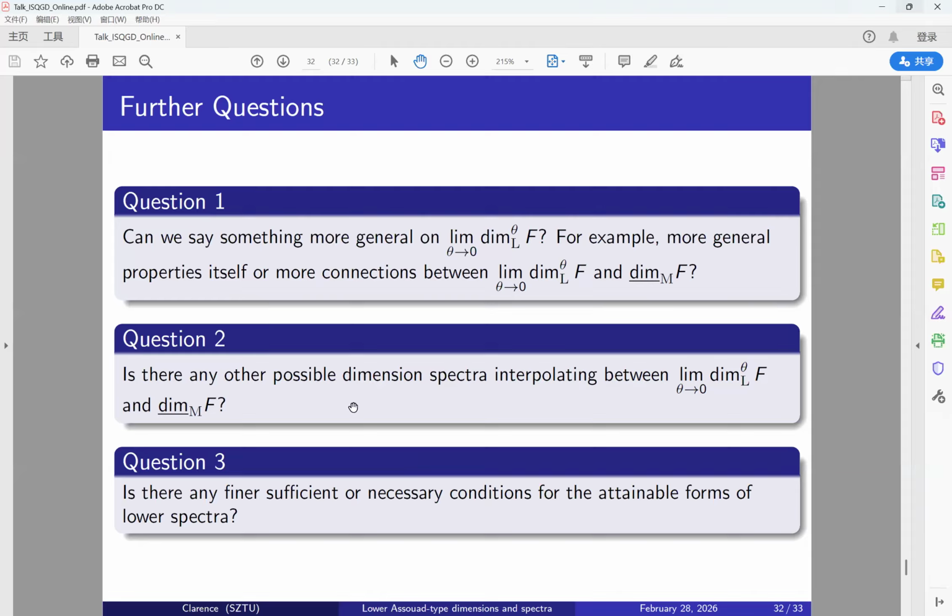Another question is whether any other possible dimension spectra interpolate between the lower spectrum and the lower box dimension. And the third question is: can we say something about the general classification of the lower spectra?